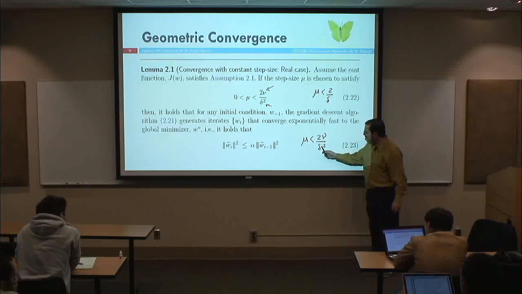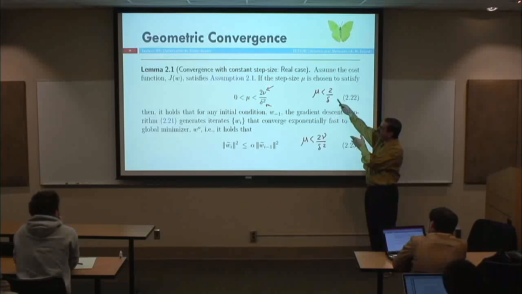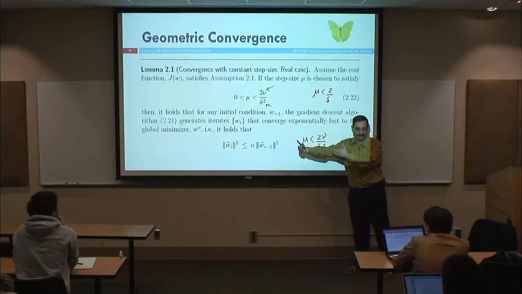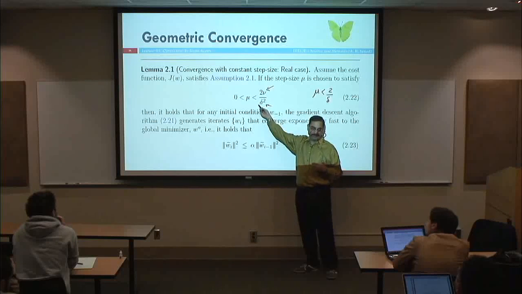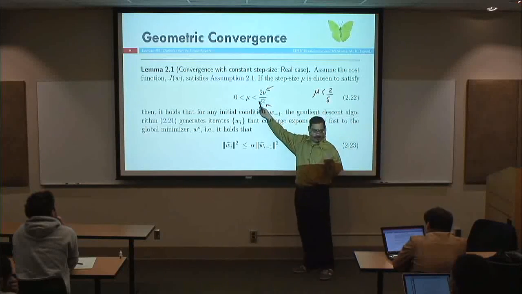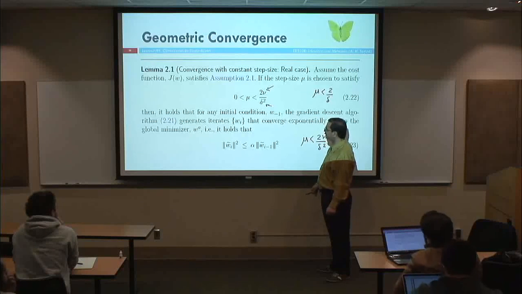Remember, nu is smaller than delta, so here you have 2 over delta times nu over delta. So this upper bound is smaller than that upper bound. So the second argument that I showed you shows that the algorithm is stable over a wider range of step sizes than I have stated in the lemma. Technically I can make this wider, but that's okay for us. I can leave it like this.